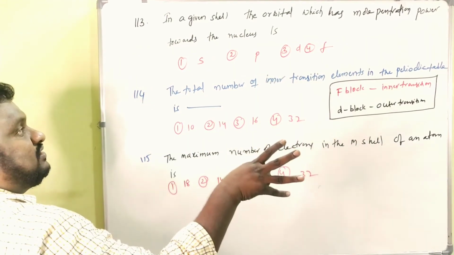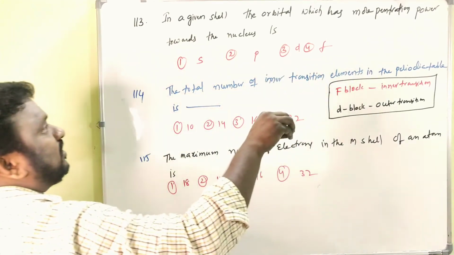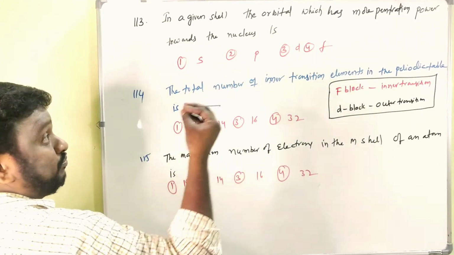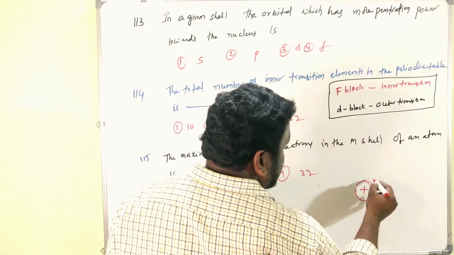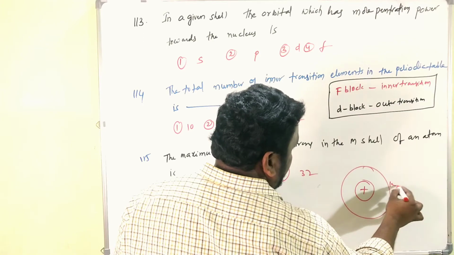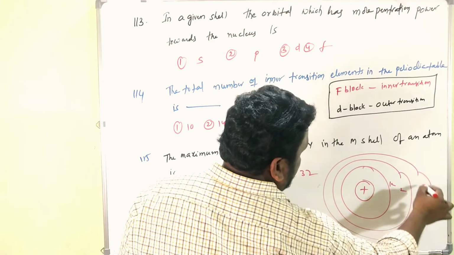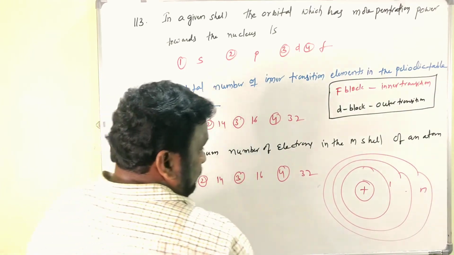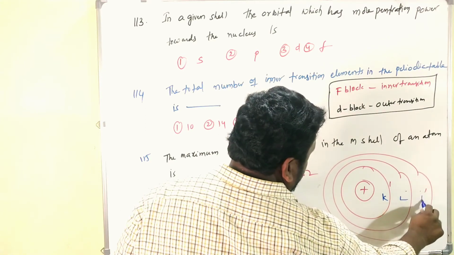In any shell, s, p, d, f are the subshells. Which of them has more penetrating power? For example, this is the nucleus, and this is shell K, this is L, and this is M.